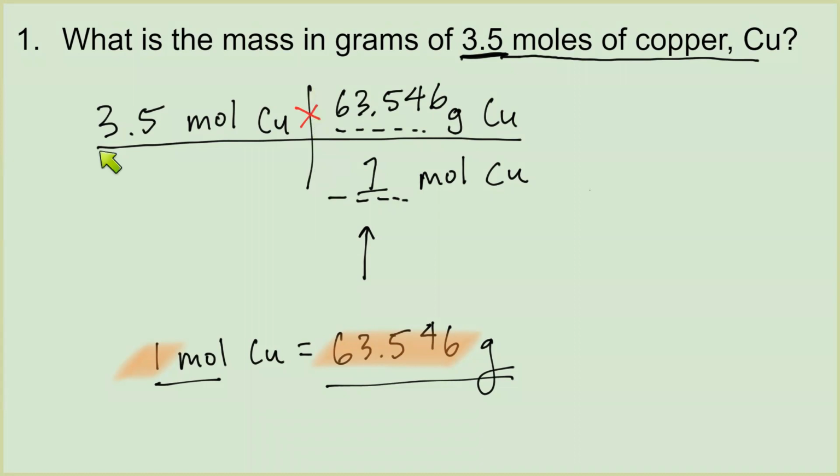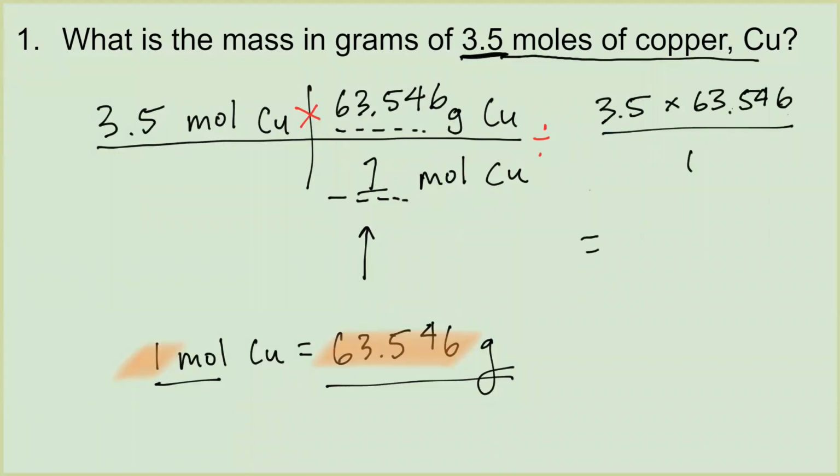And anything that is top to bottom with this line, so we're going to treat this horizontal line as a division sign. So the math I'm going to plug in, I'm going to do 3.5 times 63.546. And I'll divide that by 1.